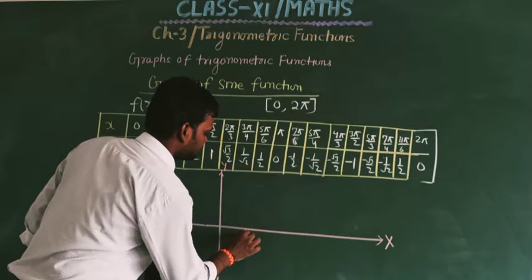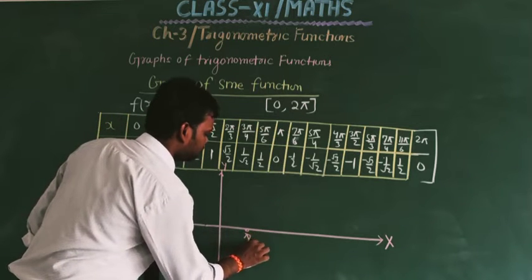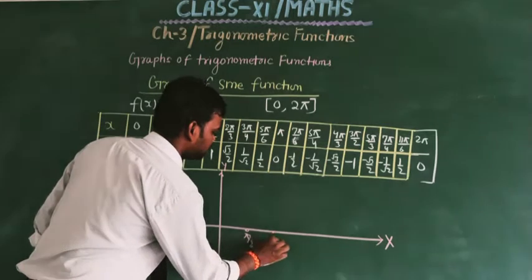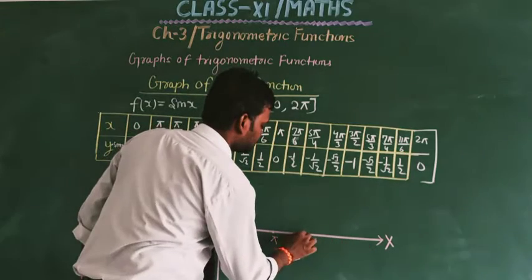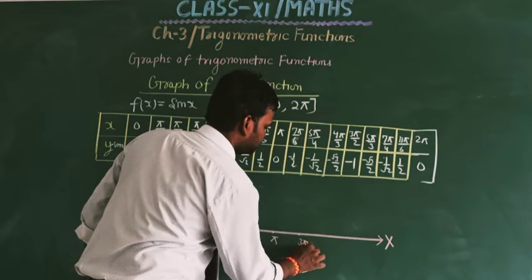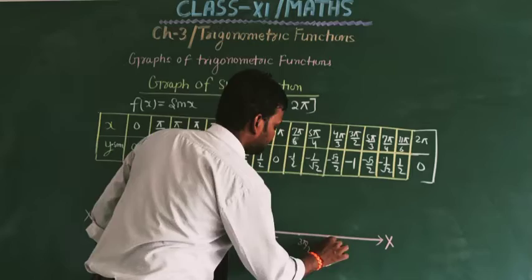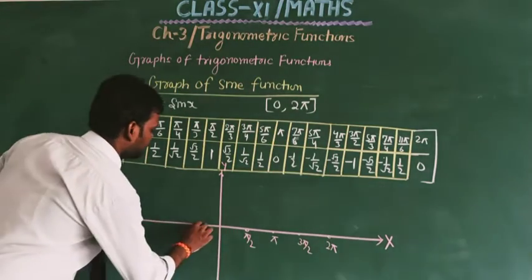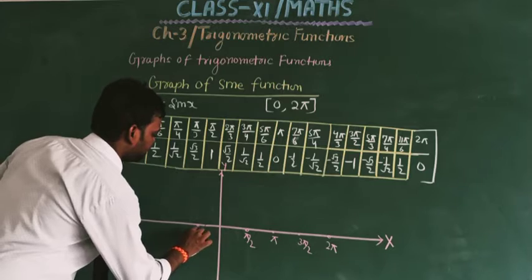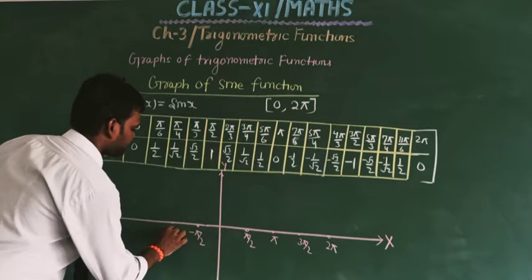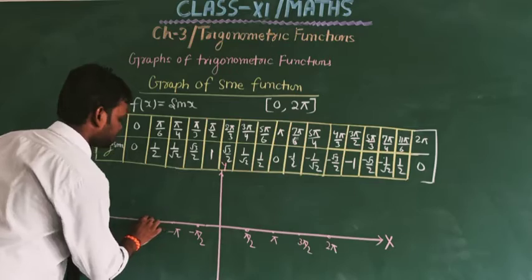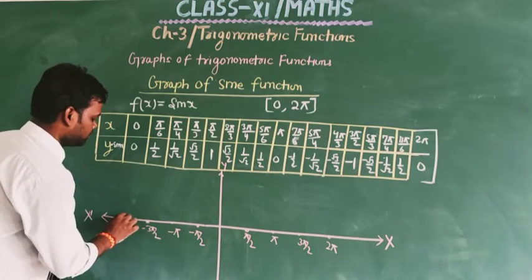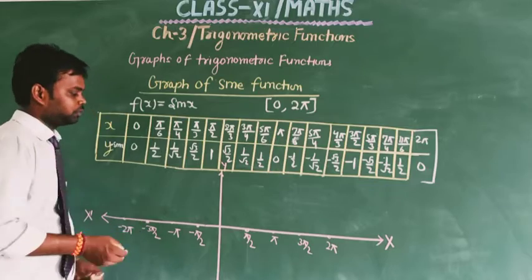So this is pi by 2, pi, 3 pi by 2, 2 pi, and on the negative side minus pi by 2, minus pi, minus 3 pi by 2 and minus 2 pi.